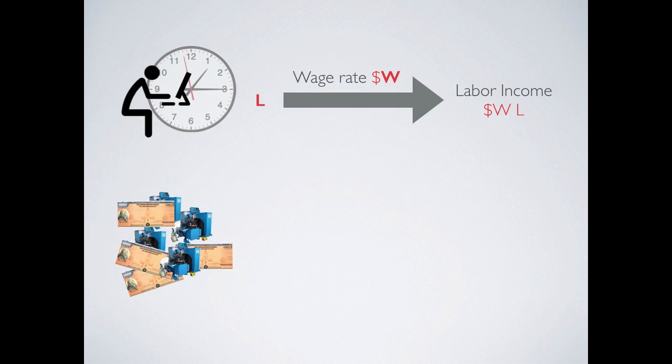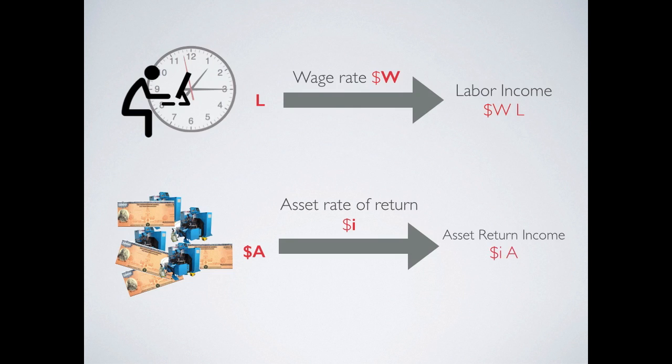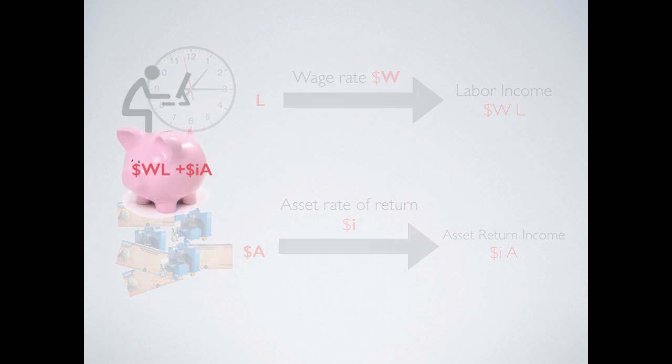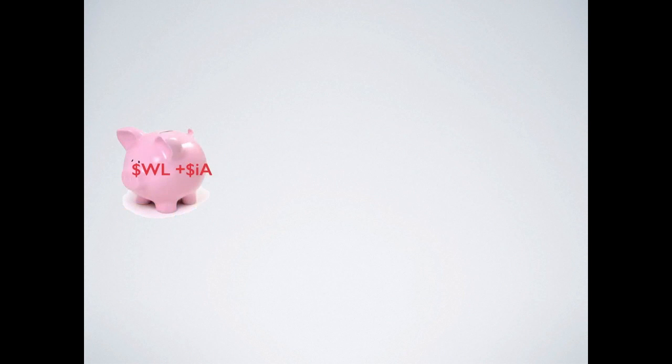We know that any kind of asset carries the same rate of return, I, which represents the interest rate, which means that each period, the initial asset value contributes an asset return income of I times A to the household income flow. So together, in each period, the income flow to the piggy bucket will be WL plus IA.